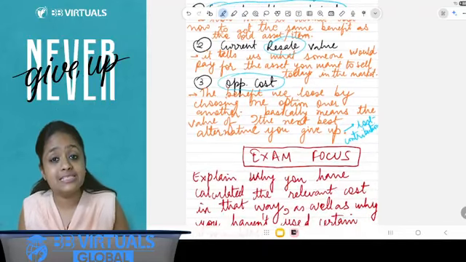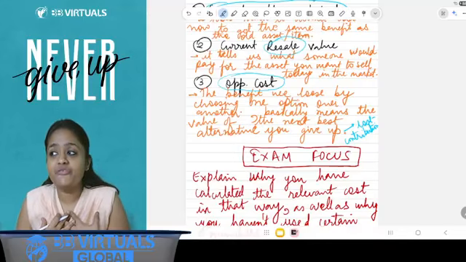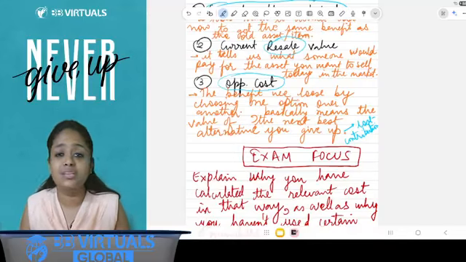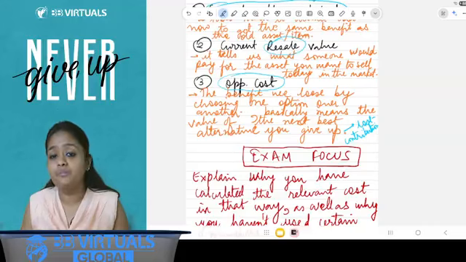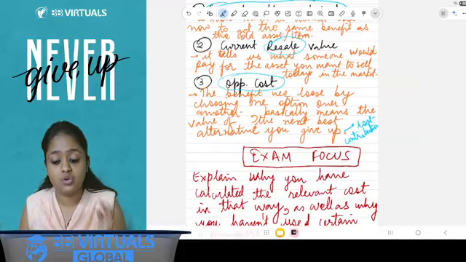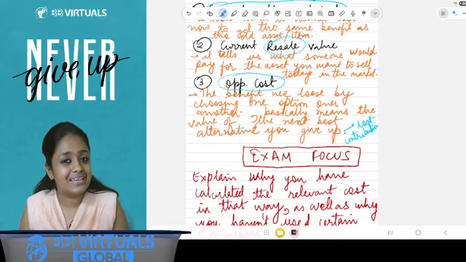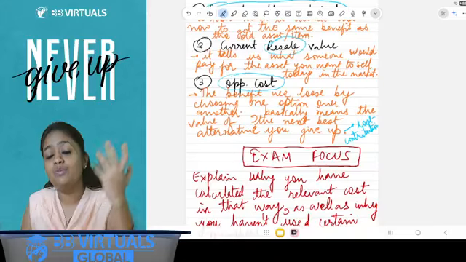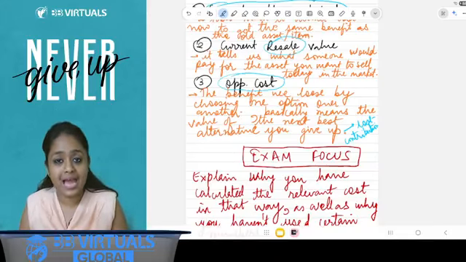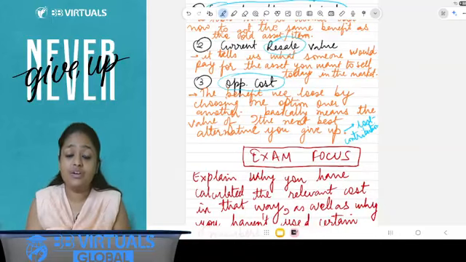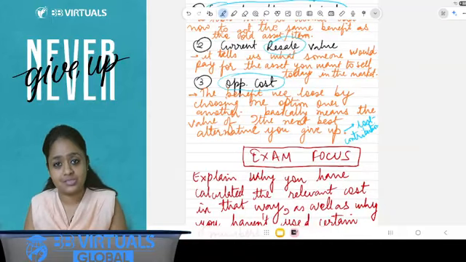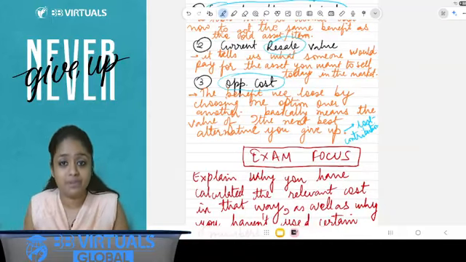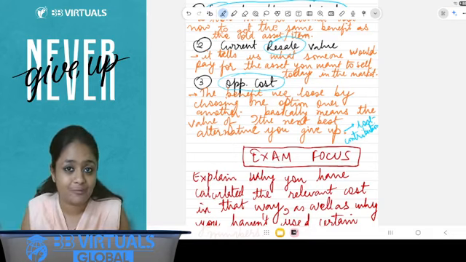Next is current resale value. So let's say if my inventory is not in use. Okay, I've got material inventory, but it is not in use. Then in that case, I would sell it as scrap. However, if I have a new project or a new process that requires to use that material, I'm losing that scrap value.